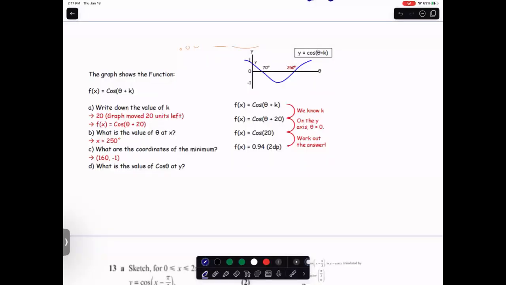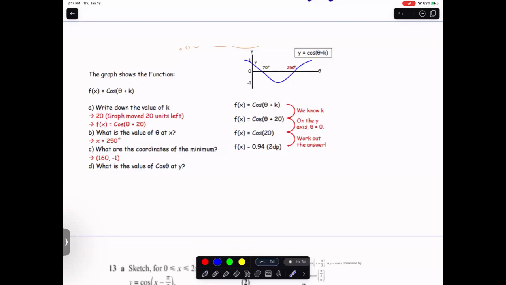We have this graph of y equals cos theta plus k, and we're looking for the value of k. It says write down the value of k. If you take a look at this graph, this axis has been shifted by how many? We have 70, which is what, 90, and here is 270.